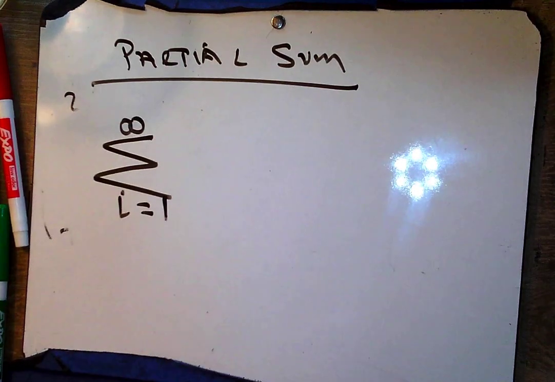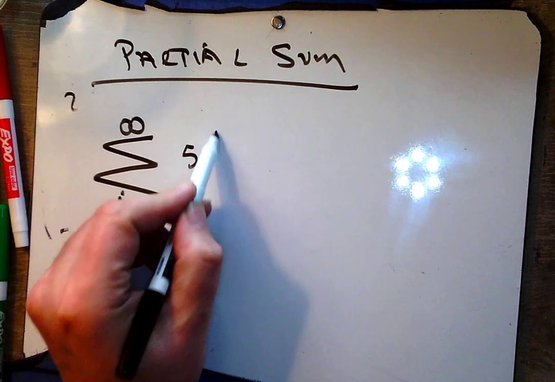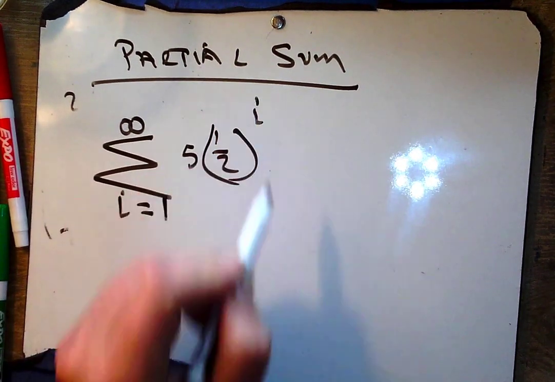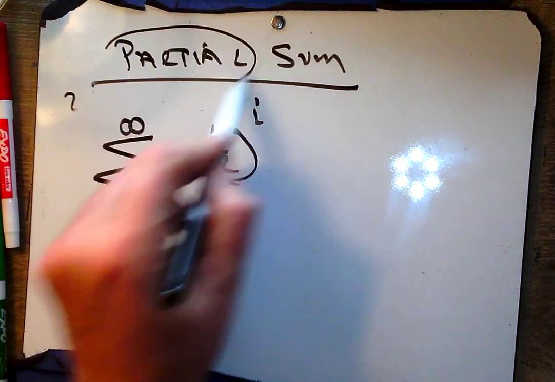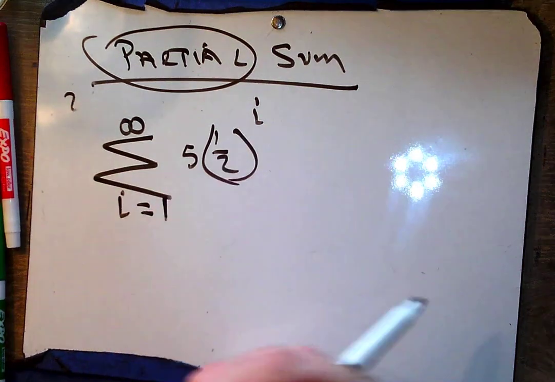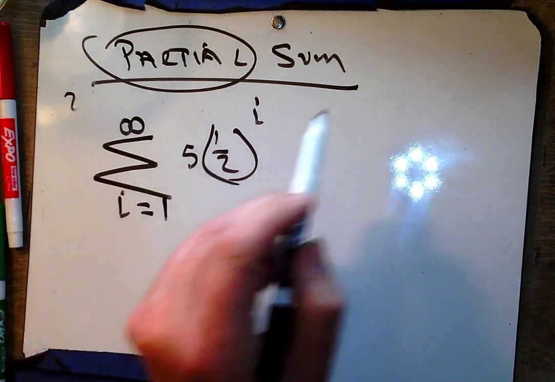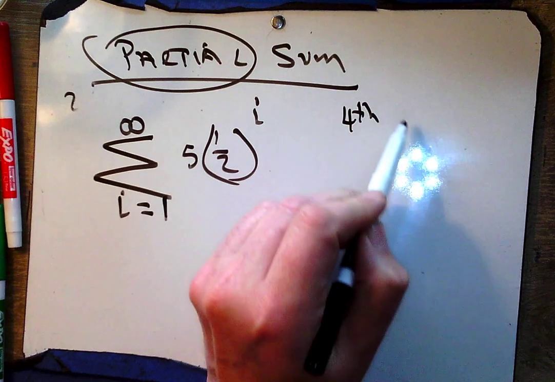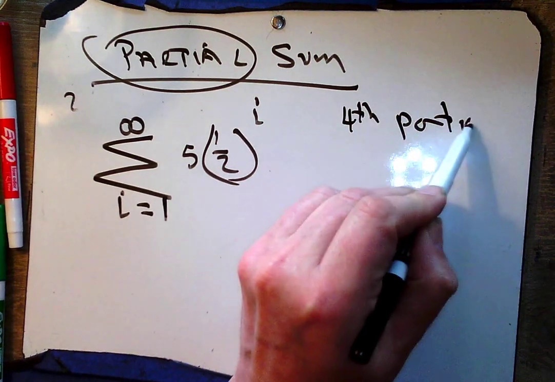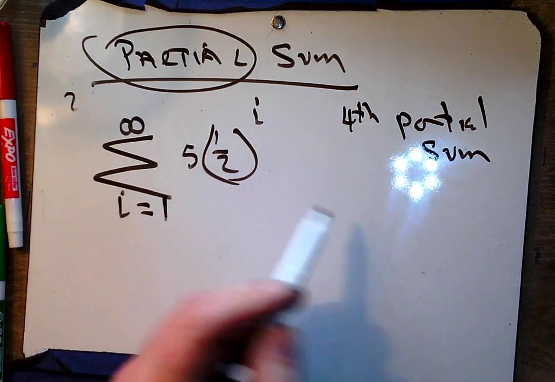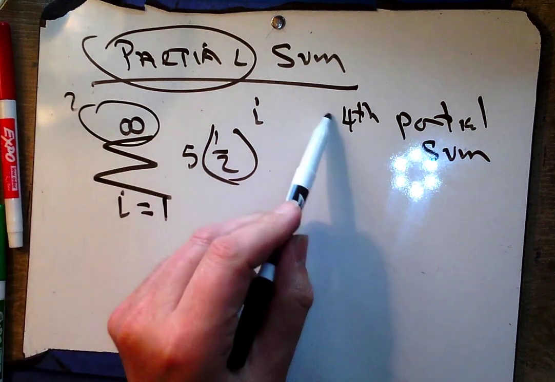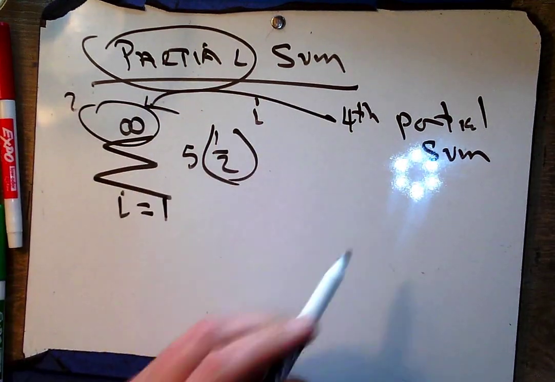So instead, I want to think about a partial sum. And so they're actually going to give me a number in these problems. Like for this one, we're asked to find the fourth partial sum. And what that means is instead of using this infinity here, I'm going to plug in a 4.